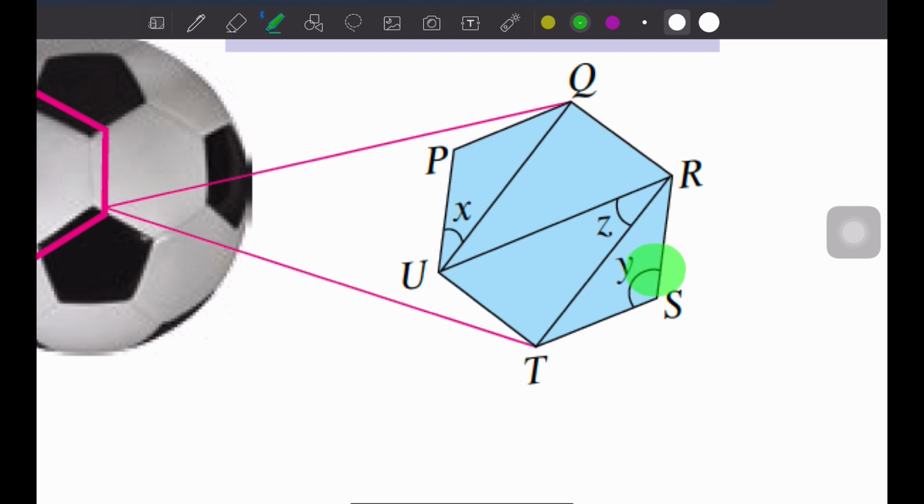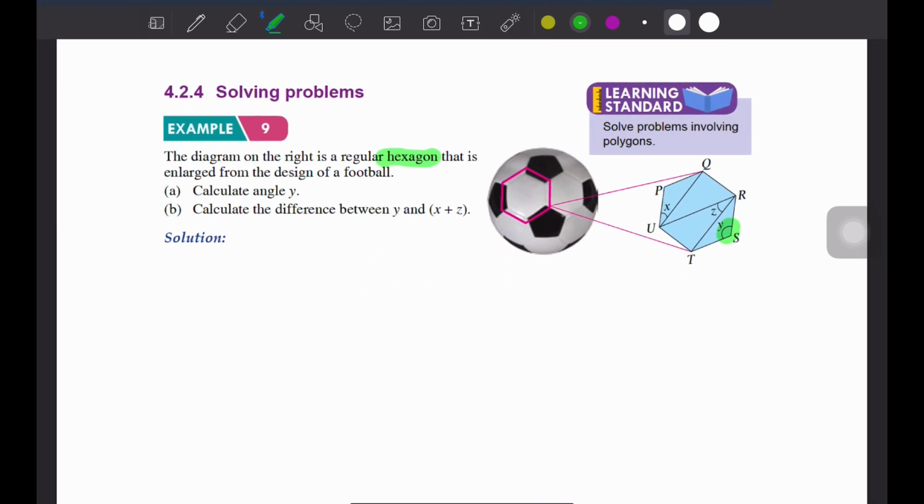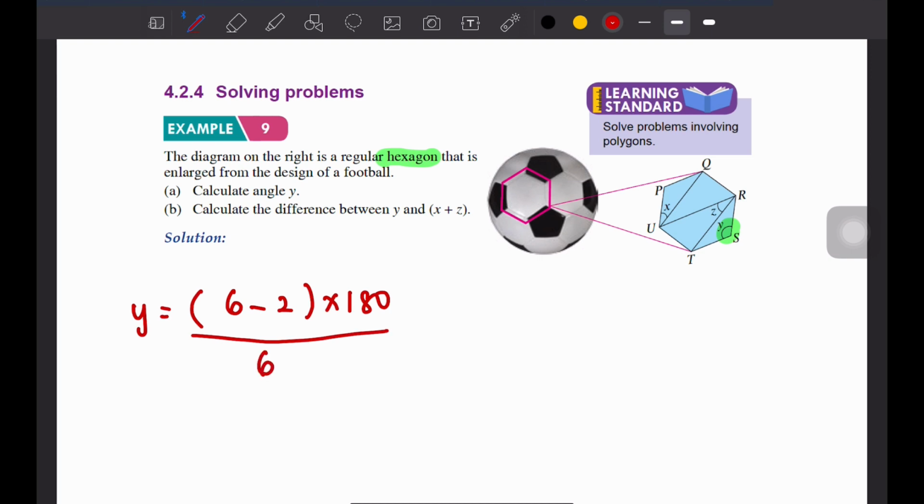Look over here. y is actually one interior angle. So y is equal to, this is a hexagon, so (6 minus 2) times 180 divided by 6.